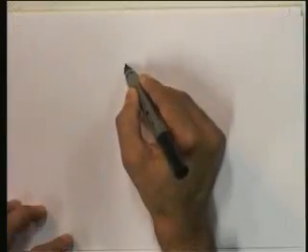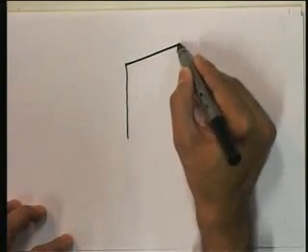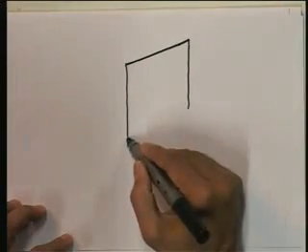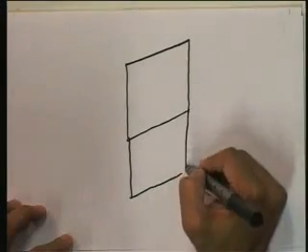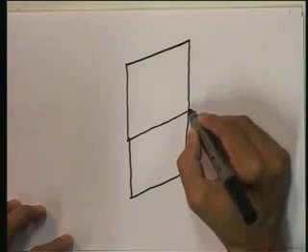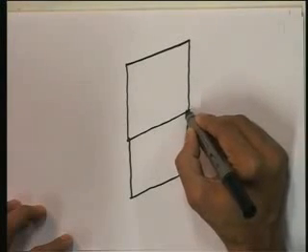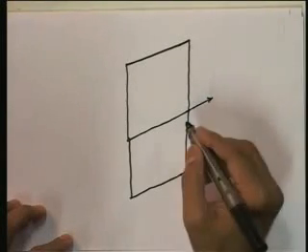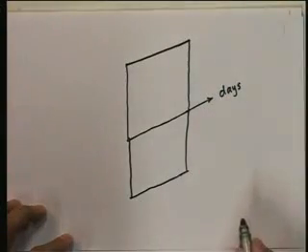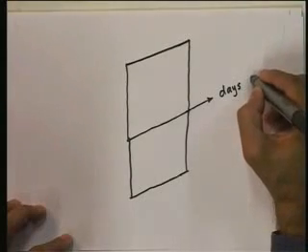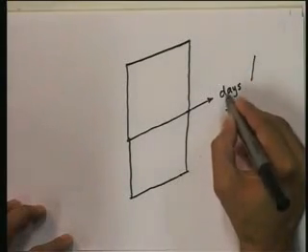So let me pictorially show what our table is going to look like. On this axis, I am going to have the days, which is where j is going to vary.